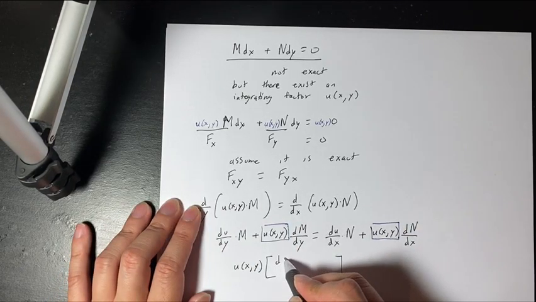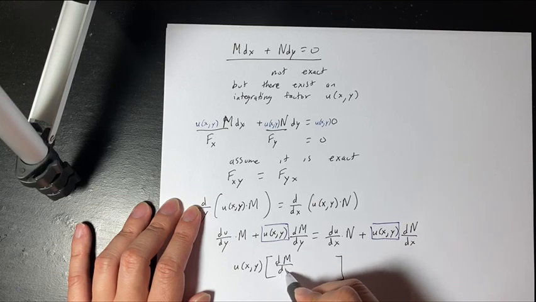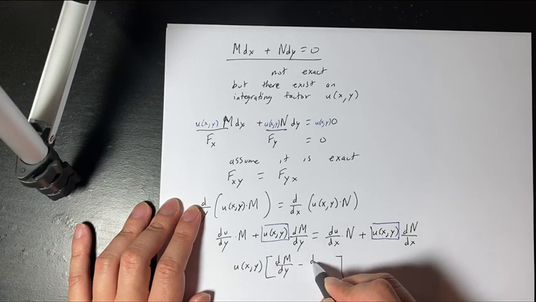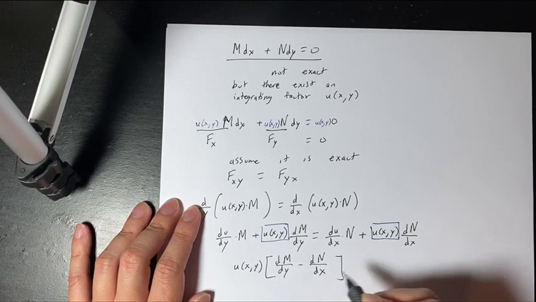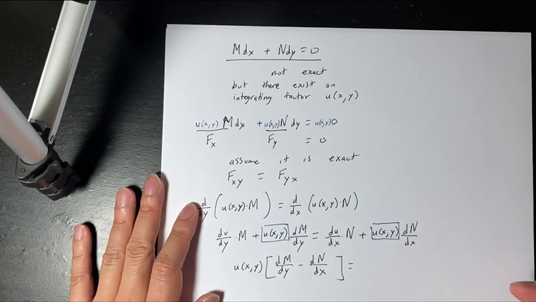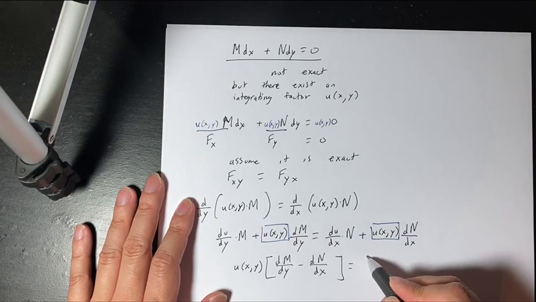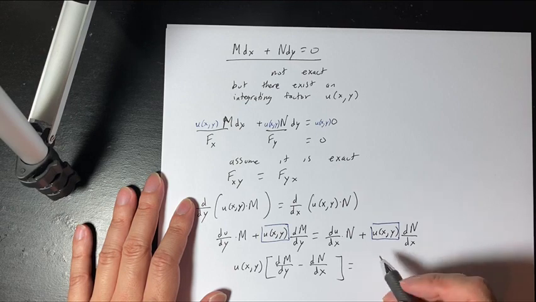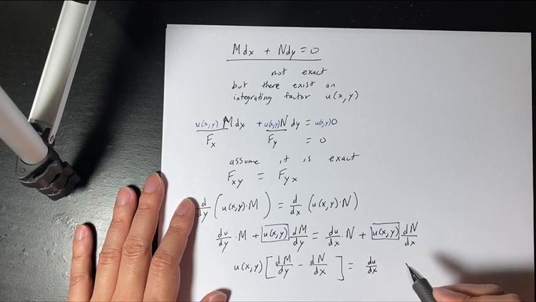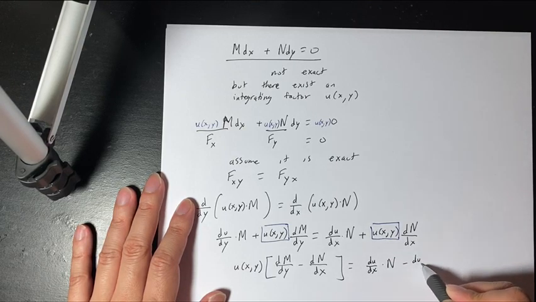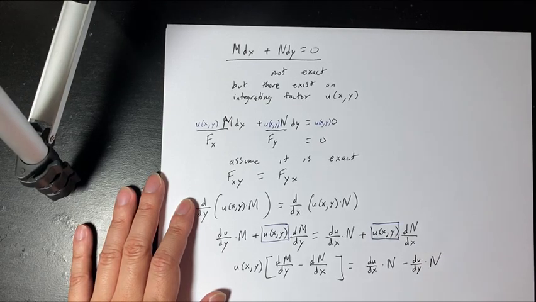So it's dM dy minus dN dx, and the right side is going to be du dx times N minus du dy times M.